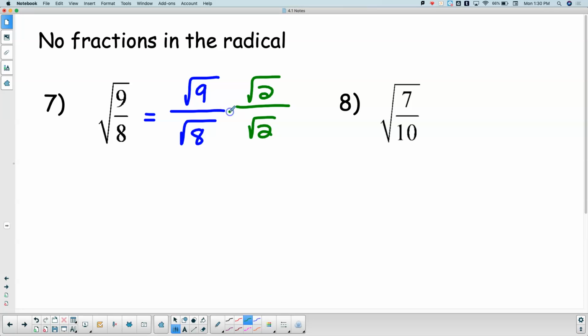Here I would multiply by the square root of 2 over the square root of 2. Square root of 9 times the square root of 2 simplifies out to be 3 square roots of 2. Square root of 8 times the square root of 2 is the square root of 16, which simplifies to be 4.